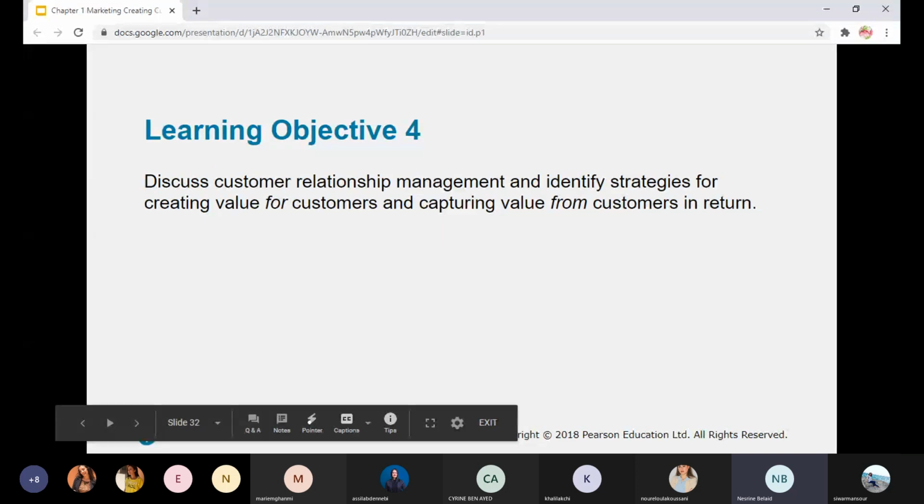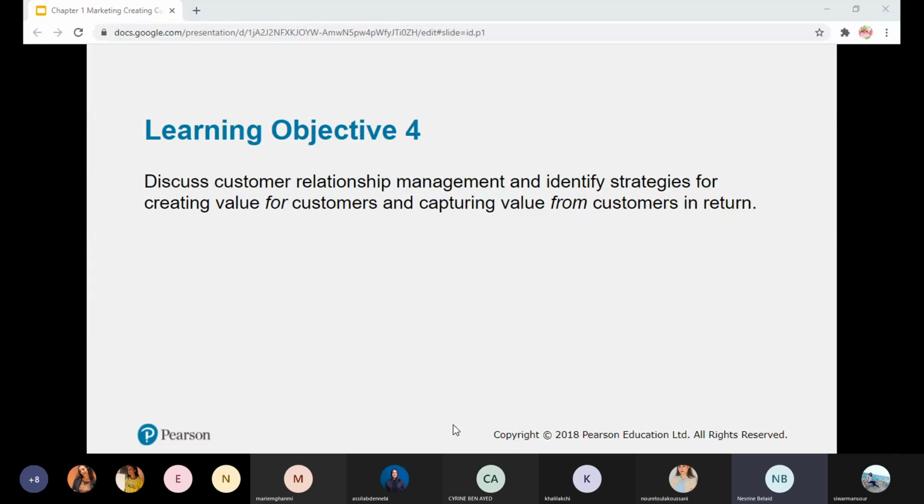We will begin the learning objective number 4. Discuss customer relationship management and identify strategies for creating value for customers and capturing value from customers in return. Building customer relationship, which we call CRM, Customer Relationship Management.